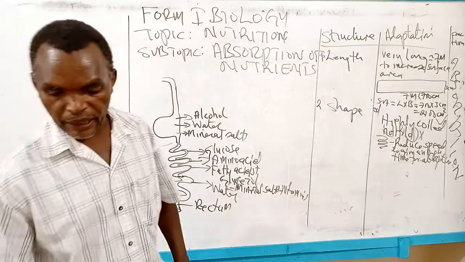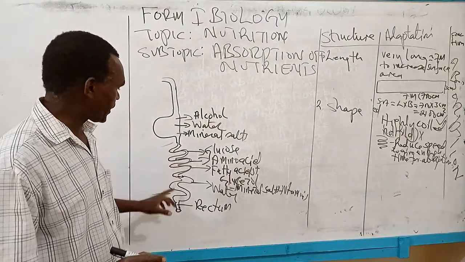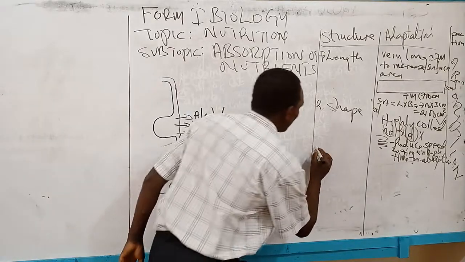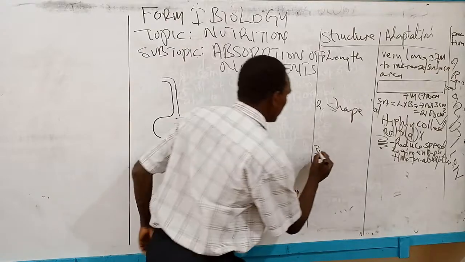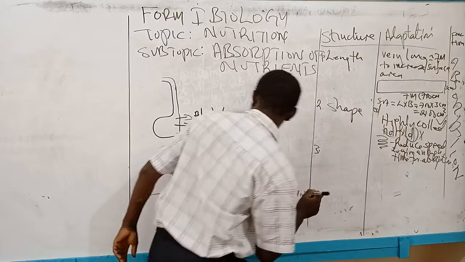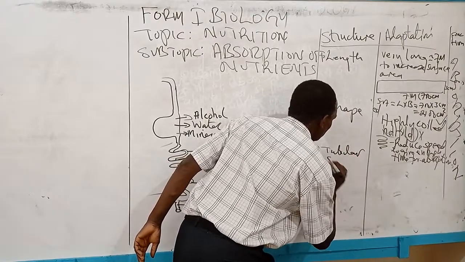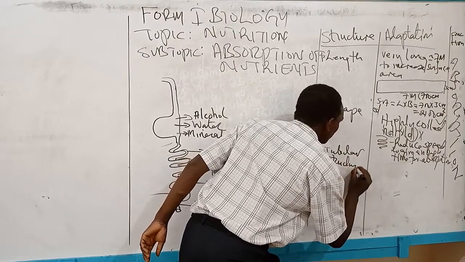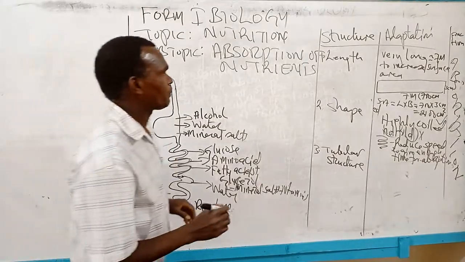Then from there, we still have this tube. We also have the tubular structure. This area is like a tube, like a pipe.